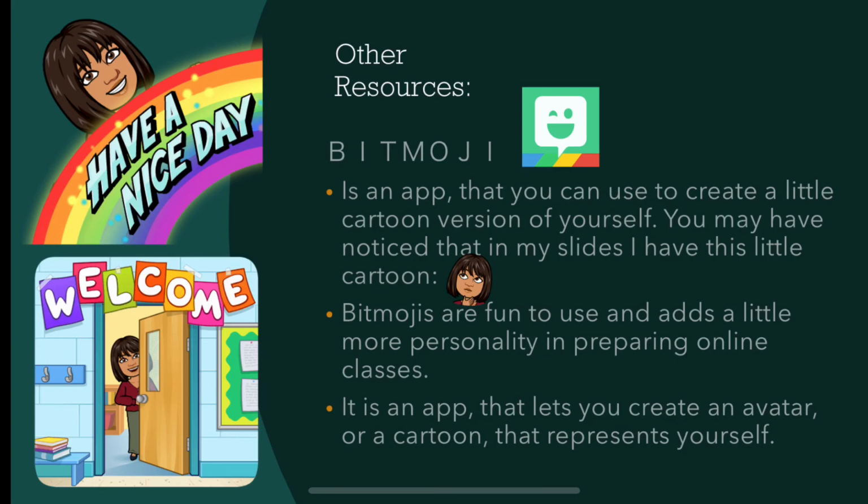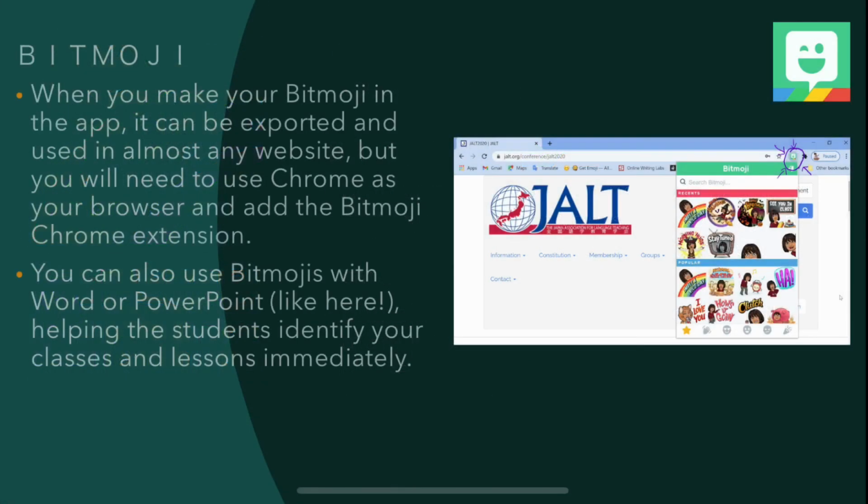Now, the thing about Bitmoji, for you to be able to use it, you will have to use a Chrome extension. It's not as complicated as it sounds. When you use your browser, you'd have to use Chrome, and then you can download the Bitmoji app onto your Chrome, and it'll tell you how to download the extension.